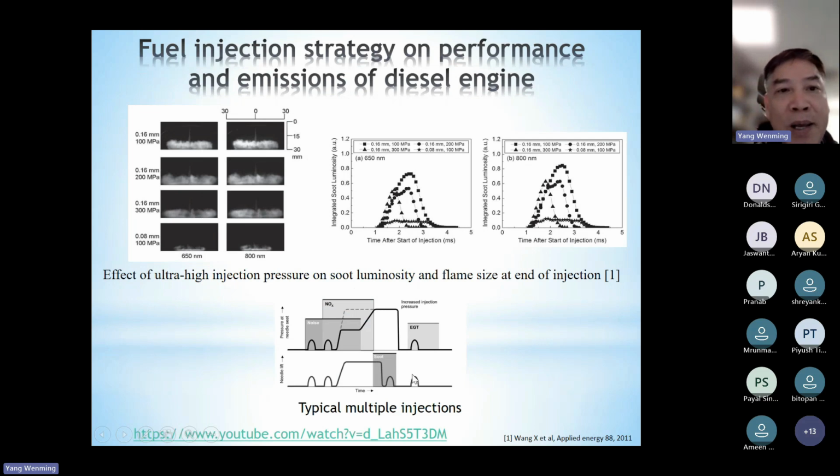Okay, so now we better understand the effect of fuel injection pressure and the fuel injection strategy, multiple injections, and their impact on performance and on the major emissions, correct?